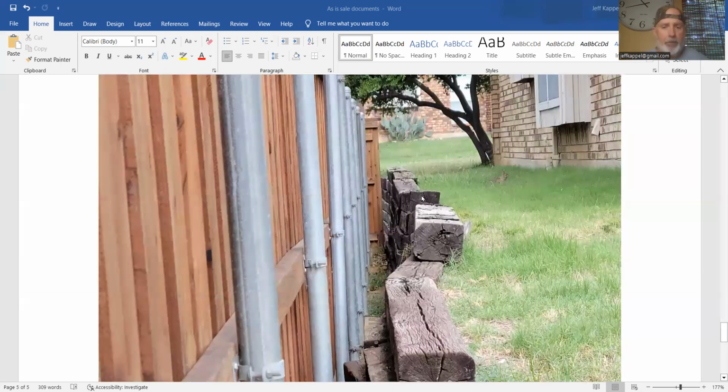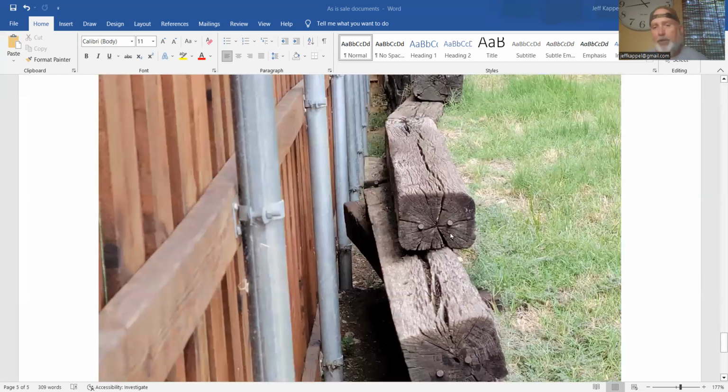Now, this being a retaining wall, there is Texas law that says that you cannot have a condition on your property that negatively impacts a neighboring property or an adjoining property. So in this case, because the retaining wall is failing, there could be water flow issues going on to the neighbor's property, which is this one here.